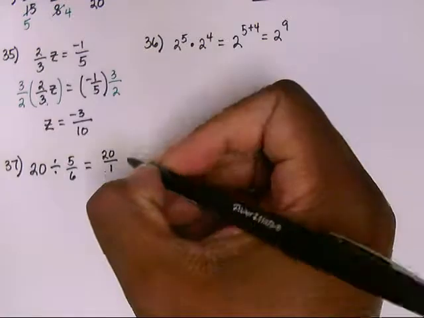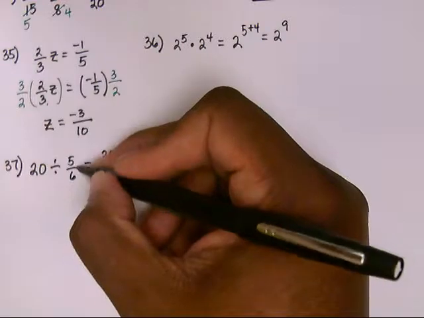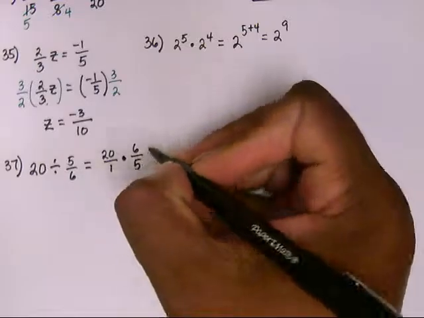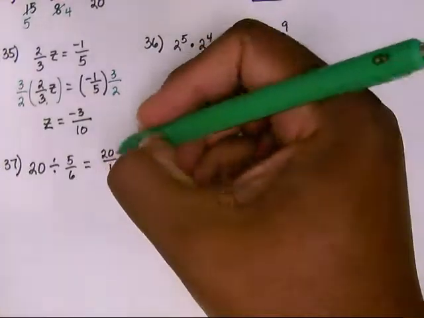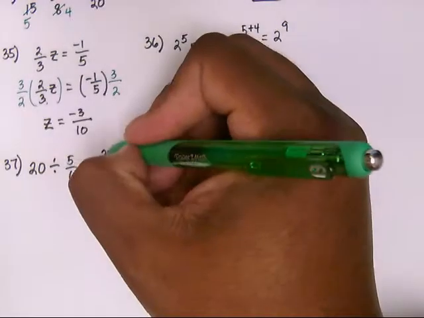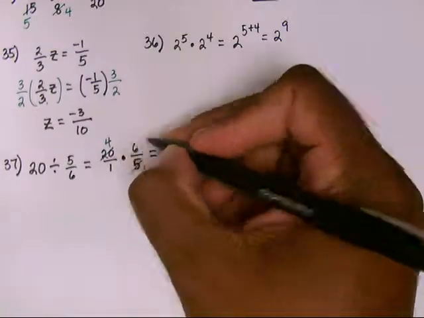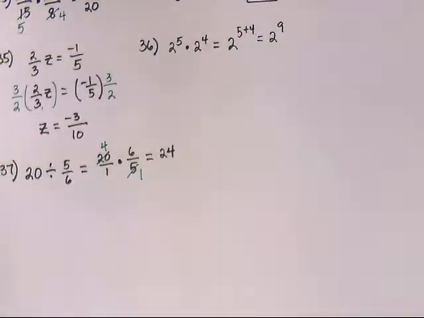I'm going to put that over 1, so it'll be 20 over 1. Now, when we divide fractions, we always multiply by the reciprocal of this. So the reciprocal of 5 over 6 will be 6 over 5. Now here I can do some cross-dividing. 20 and 5 are multiples of 5, so if I divide 5 into itself, it goes 1 time, and 5 into 20 goes 4 times. So here 4 times 6 will be 24. So to answer the problem's question, 24 shorts can be made from 20 yards of fabric.